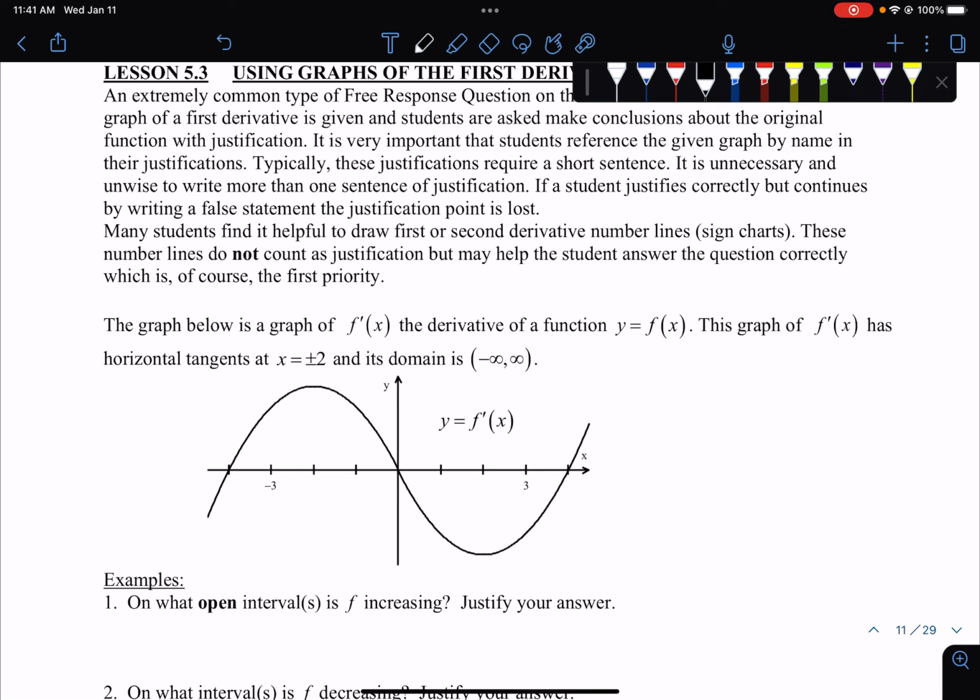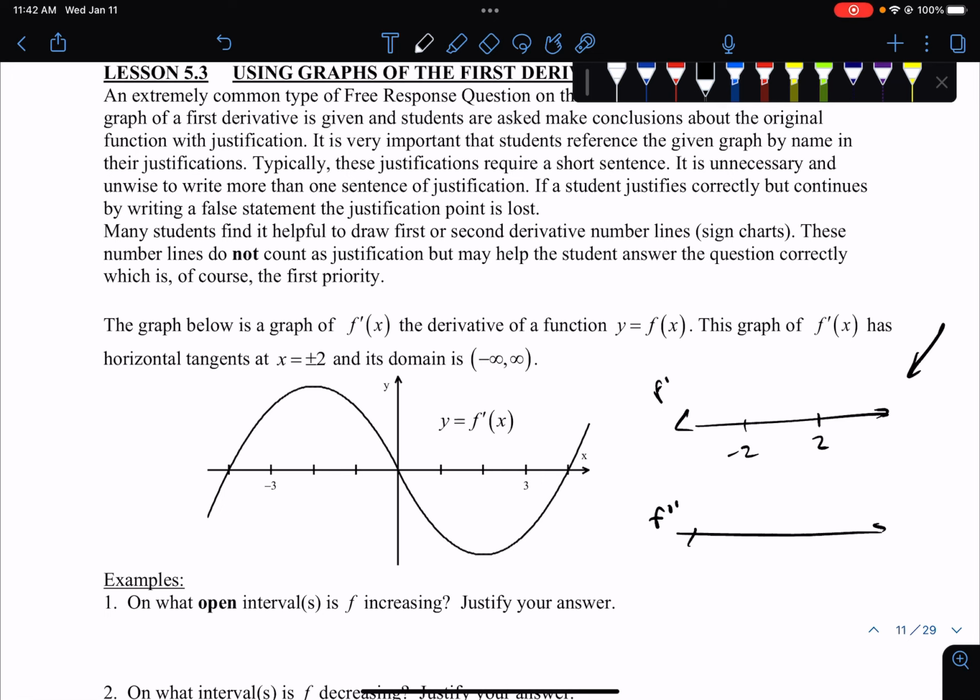If it helps you to draw number lines, like the sign charts where we say, if this is f prime, what's happening? Here are my zeros at -2 and 2. That's not this problem, I'm just using it as an example. You can use the f double prime number line to help you figure out and see what's happening in the problem. But these are not justifications.